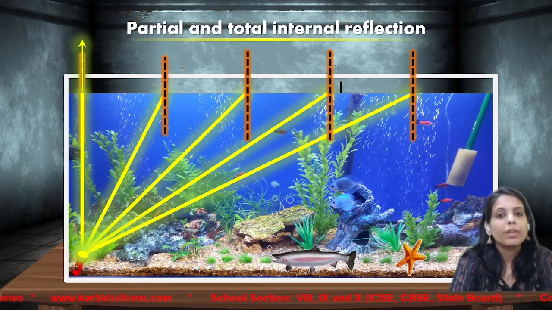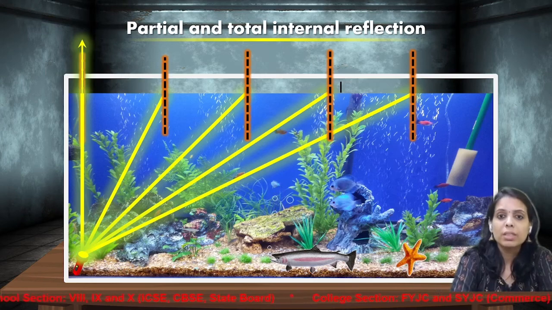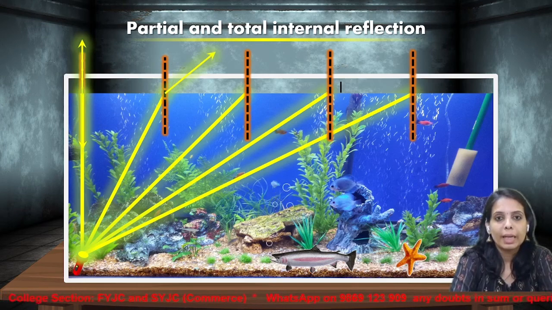And we have seen that whenever light is refracted along the normal, the light always travels straight without any deviation. But when there is a certain angle of incidence, the light gets refracted. And in this case, as the light is moving from denser to rarer, the light is bending away from the normal.